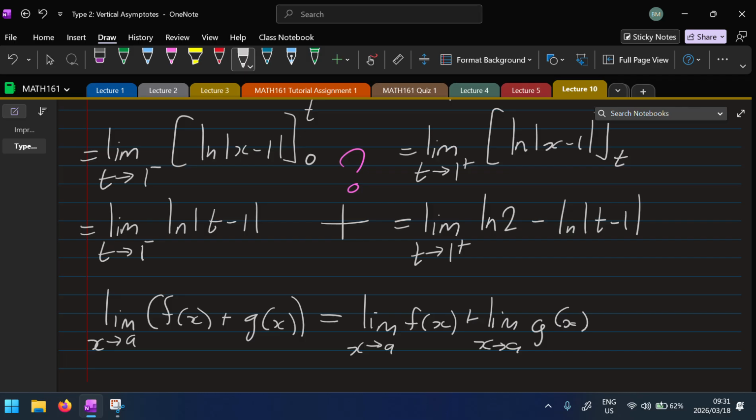But there was a condition. You can't do this all the time. What is the condition for us to split up that limit? There was one condition. So I wrote the limit law and I said we can only do that if something. What was it?